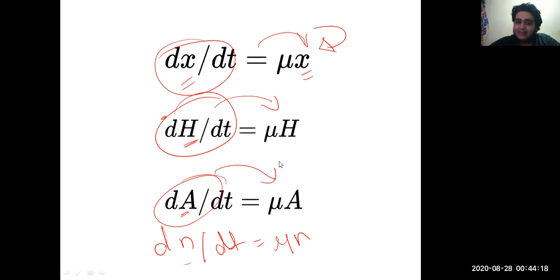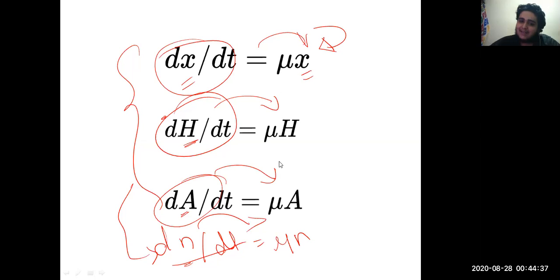And similarly, N could be, in fact, all of these boil down to number. It could be number of cells, number of apices, number of branching, etc. So rate of change of number of apexes or number of tips is proportional to initial number of tips, and that is basically correlated using this.